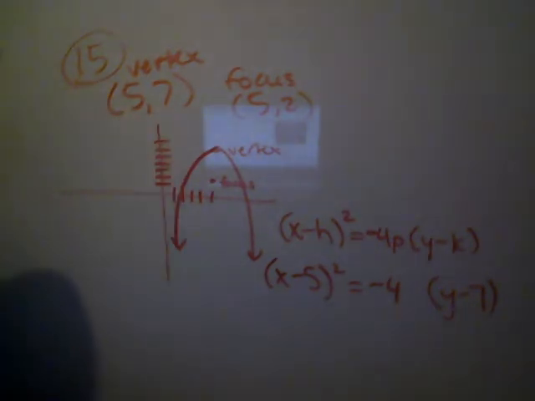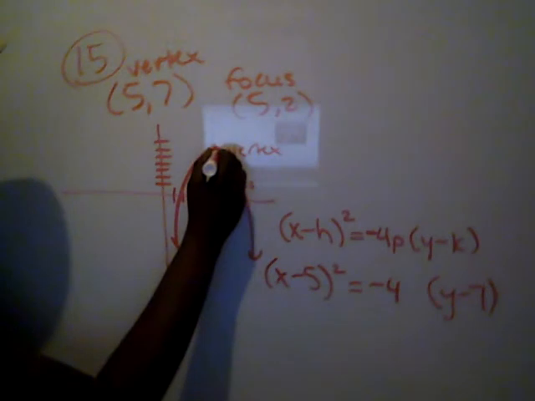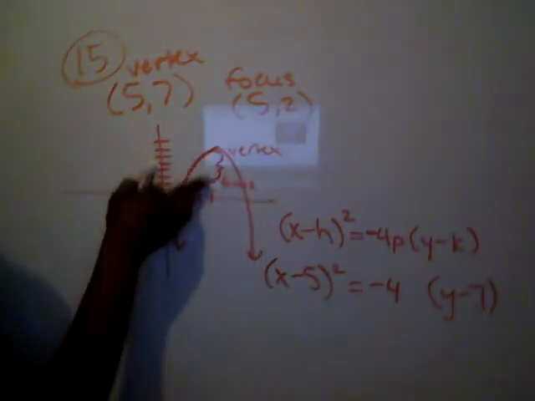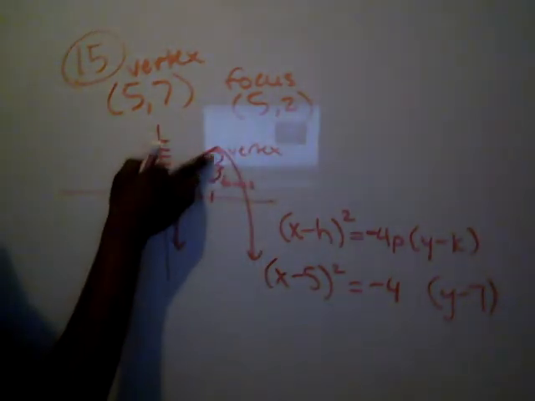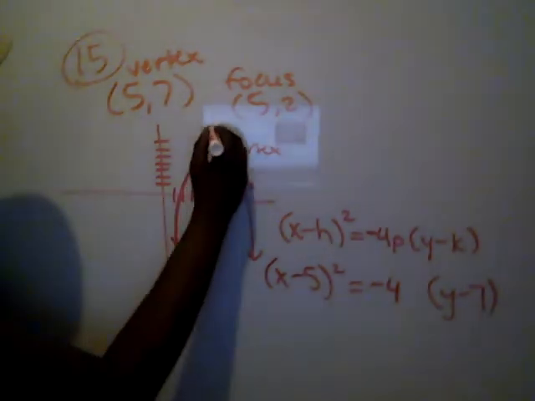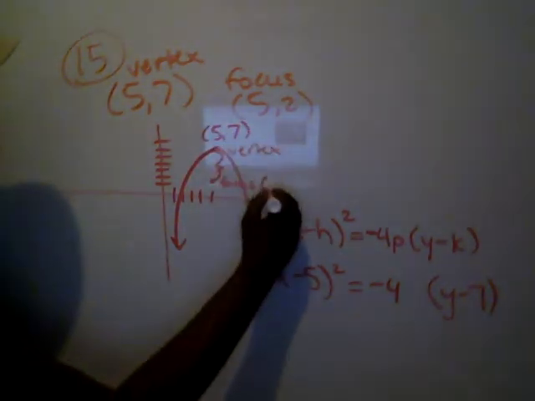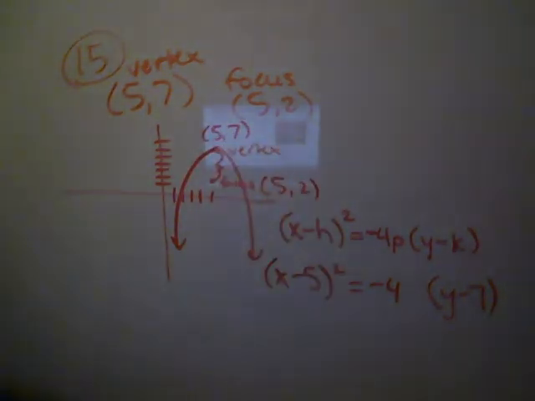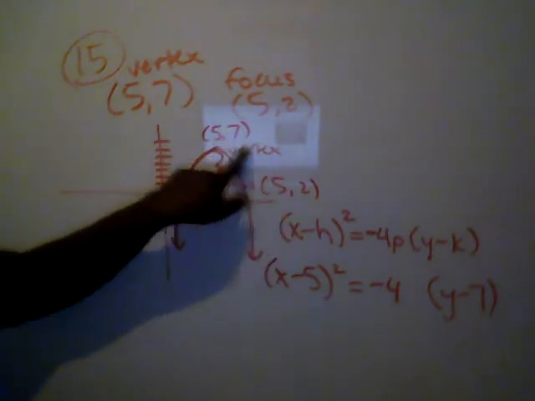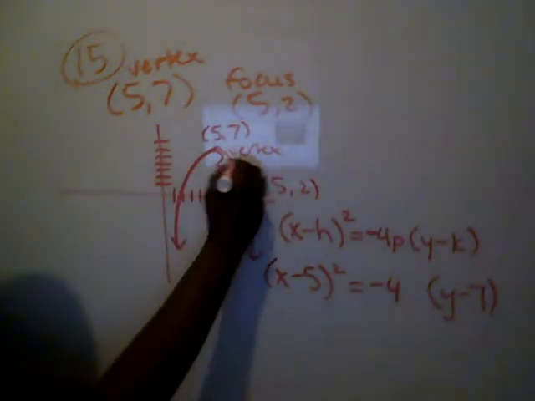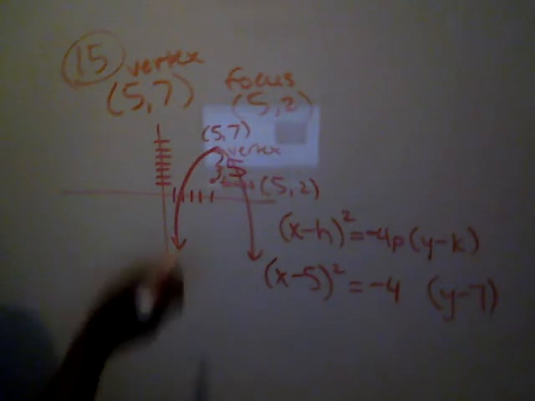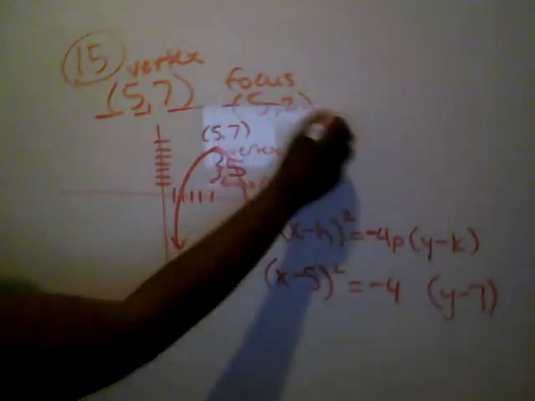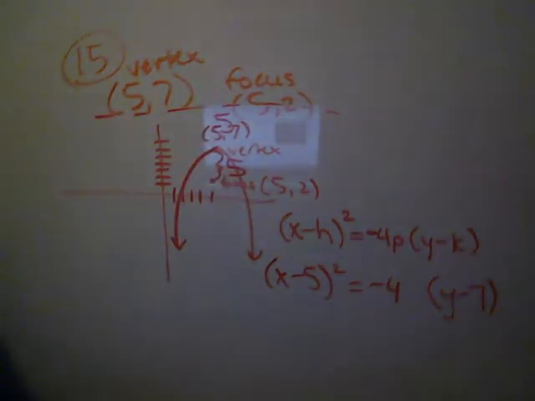And so to figure out the p-value, let's look at the distance. The p-value is technically the distance that we traveled from the vertex to the focus. So if we notice, this was at 5, 7, this one's at 5, 2. So the only thing that changed was the y value. We actually changed the y value by 5. So this distance is 5. Just like if we were to do the directrix, it would be out here somewhere, another distance of 5 above it.